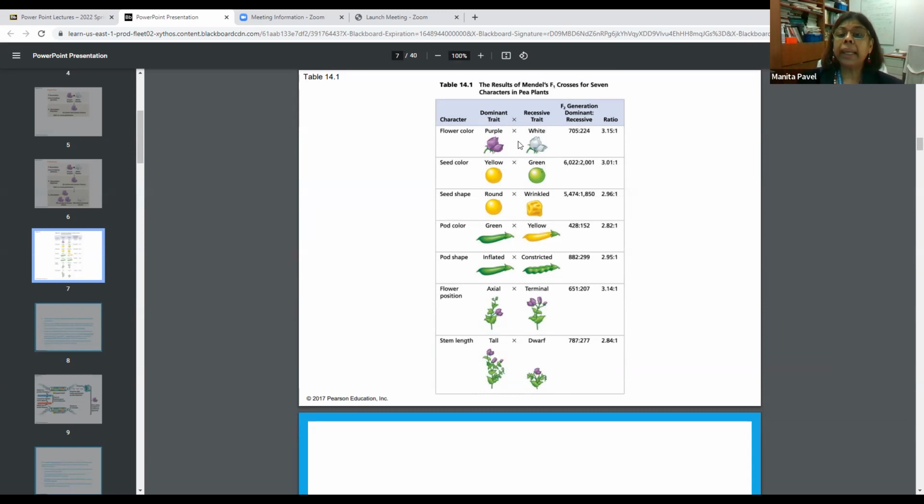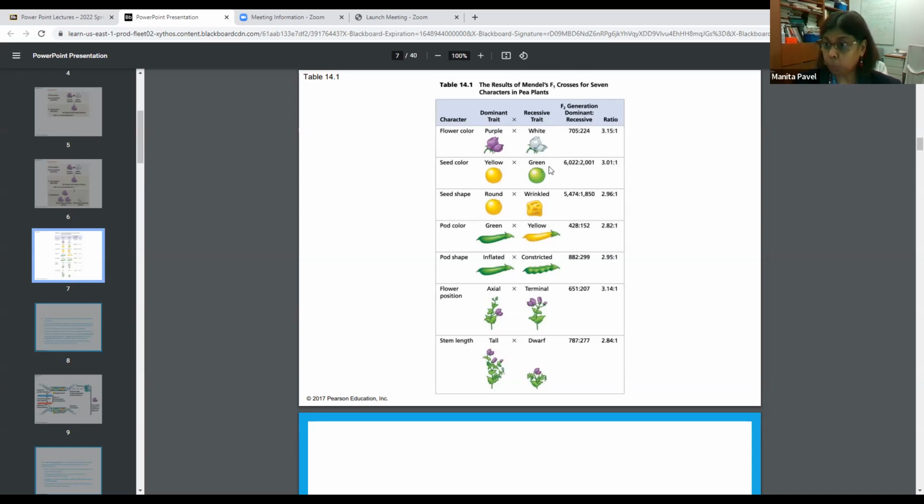And you're going to put capital P, a pair, into parentheses, versus white, which is lowercase p, lowercase p. So this is important to remember, that you use the same letter of the dominant, but it is written in lowercase letters. Yellow would be capital Y, lowercase y.